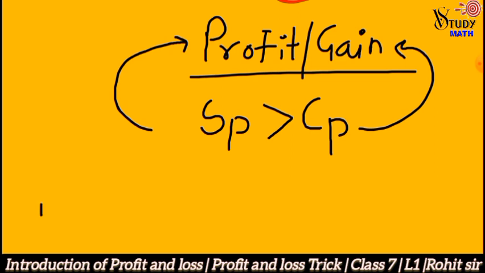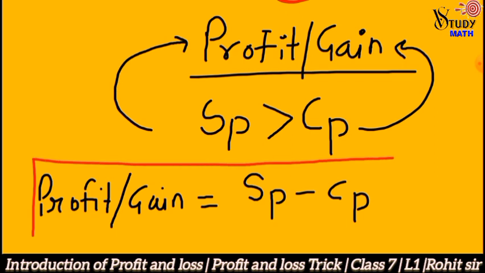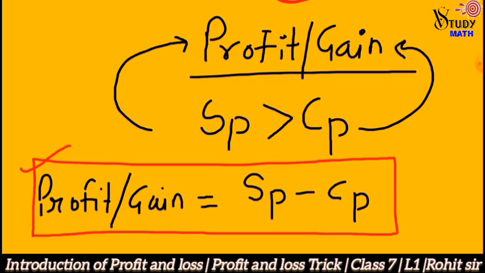And the formula of profit and gain is that CP is subtracted from SP. I hope you understand. Just note it down in your notebook. What is the formula of profit and gain? The formula of profit and gain is SP minus CP.